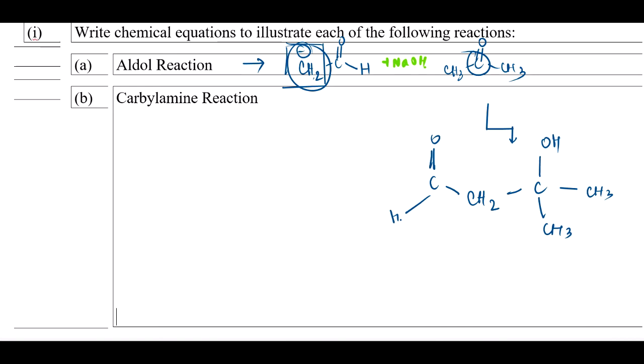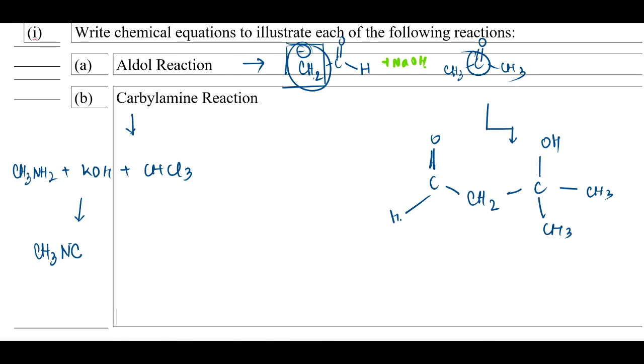Okay, next coming to the carbylamine reaction. In the carbylamine reaction, we should first of all have one amine. Then with that amine, in a basic medium, chloroform, CHCl3, will react. Then this amine will be converted into isocyanide. If we have taken methylamine, then it will be converted into methyl isocyanide.